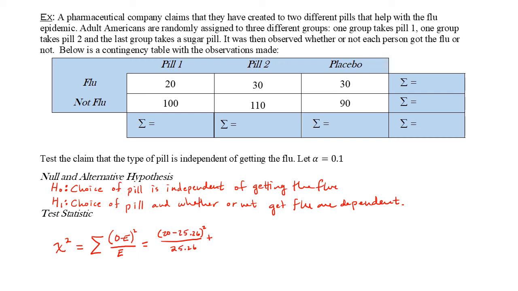So that's the first term. Let's go along the first row. The next one would be 30 minus the expected value we got there, which was 29.47. And then moving on to the last entry in that row, we had 30 observed minus the expected value, 25.26.